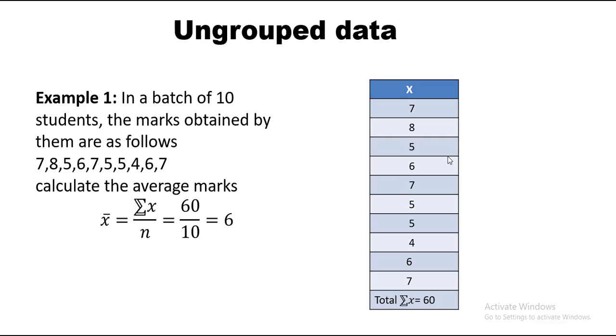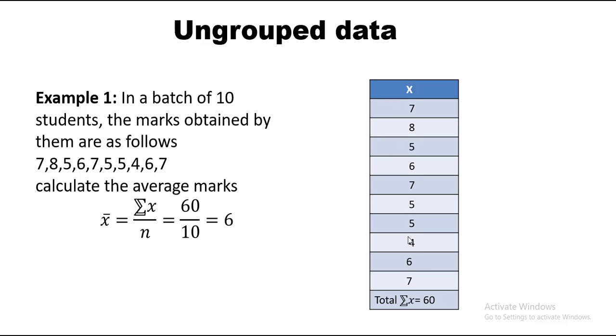Moving on, we'll first start with an ungrouped data example. In a batch of 10 students, the marks obtained by them are as follows: 7, 8, 5, 6, 7, 5, 5, 4, 6, 7. I have also written it down in the form of a table, and I have calculated the total, that is my summation x, which equals 60.